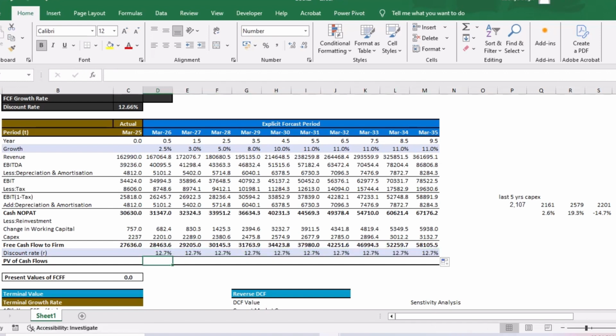To find the present value, we have the formula of this divided by 1 plus the discount rate to the power of this year. Okay.